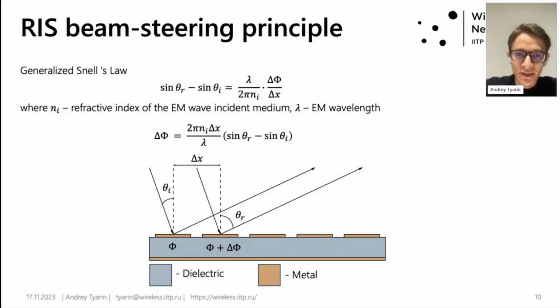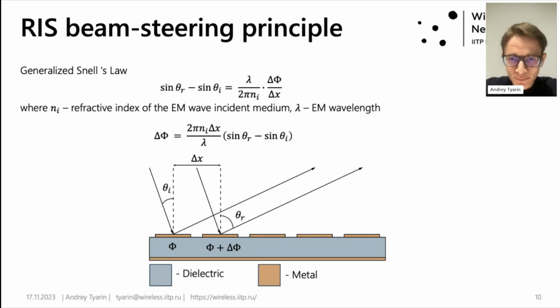Additional phase leaps between adjacent UCs lead to phase discontinuity throughout the top RIS layer. In that case, the incident angle does not equal the reflection angle. In other words, anomalous reflection occurs.